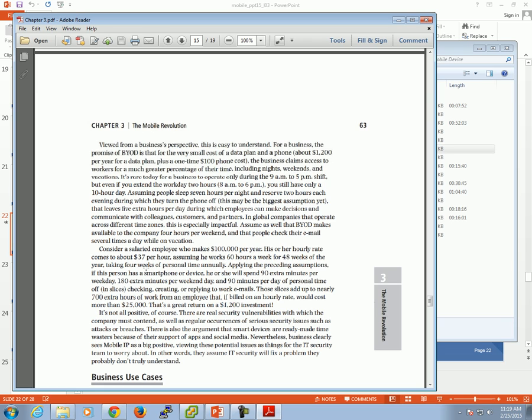Applying the assumptions, if the person has a smart device, he or she will spend 90 extra minutes per workday, 180 extra minutes per weekend day, and 90 minutes per day of personal time off checking in, creating, replying to work, and so on and so forth. So basically he's working 700 extra hours of work, not getting paid for it. Do you ever think of it that way? It's like, wow.